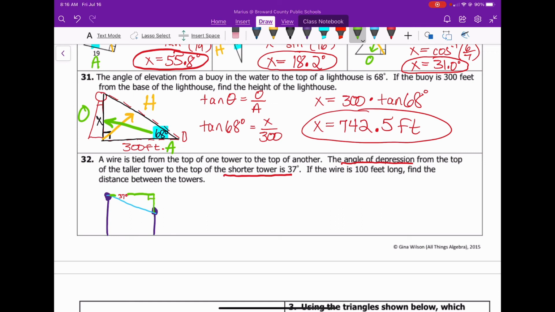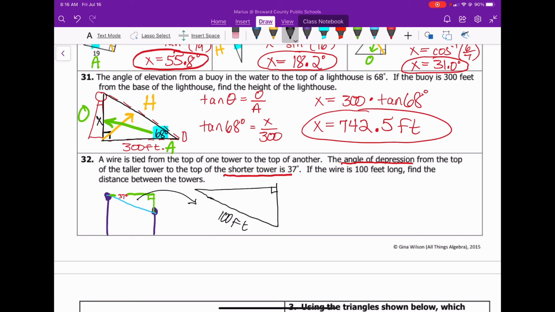Okay. So if I need to, I'm going to just draw this again. So I'm going to draw my triangle like this. Put my right angle here. The wire is 100 feet long. Remember, that's the wire.